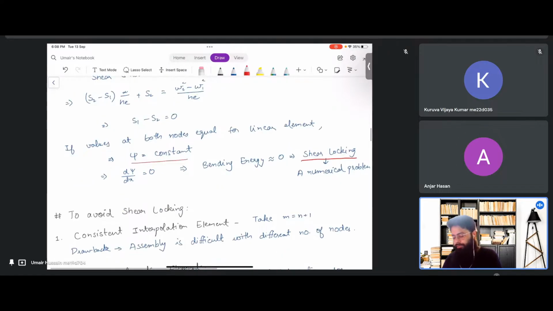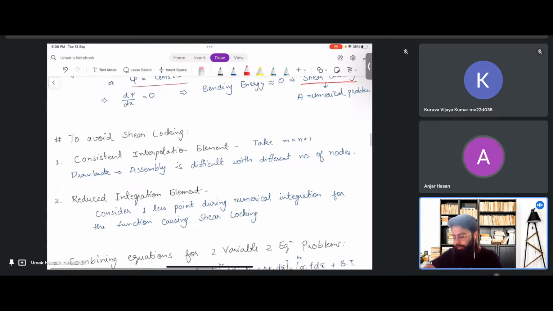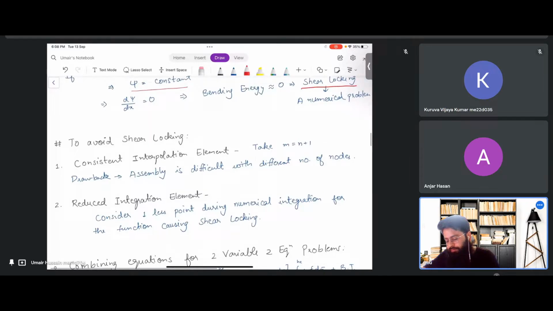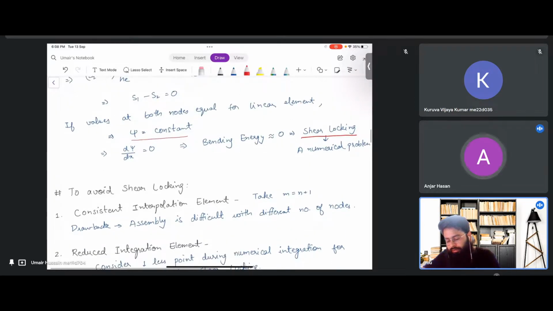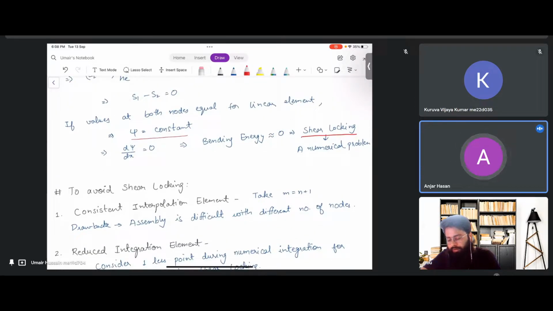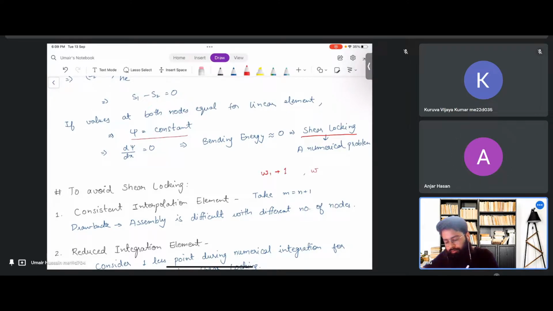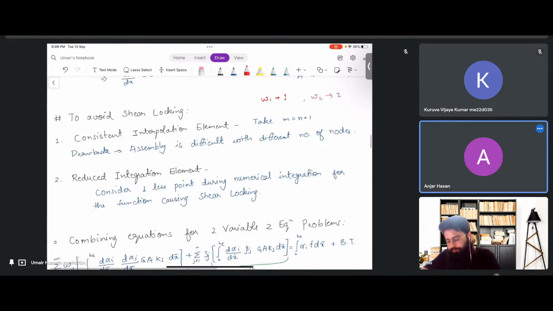To avoid this problem, two different solutions were proposed. The first one was to take a different order of polynomials for the different shape functions. So if we take w1 of order 1, we can take w2 of a different order.